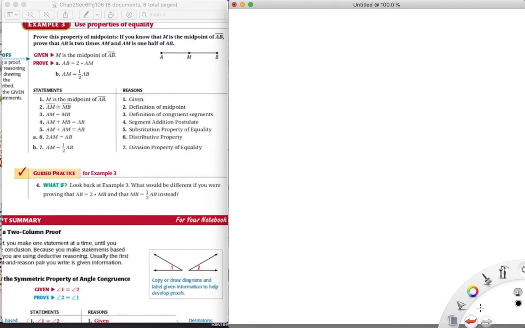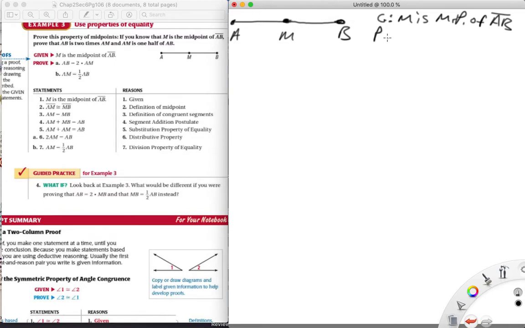We have this segment here, A and B. They give me that M is the midpoint, and it's the midpoint of AB.